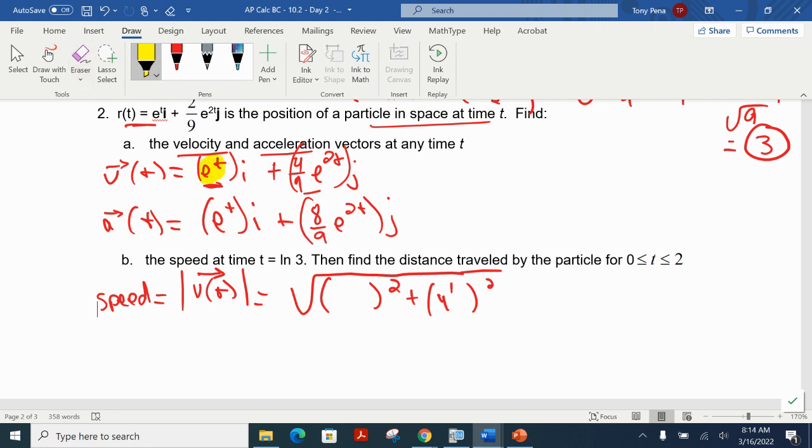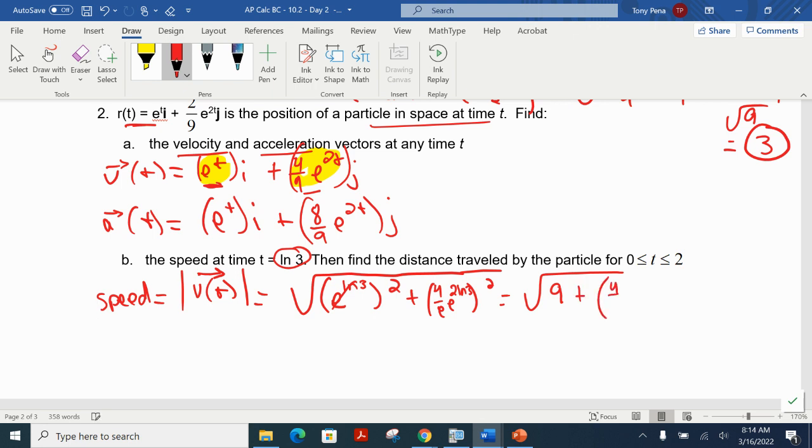So this is x prime, so I'm going to go ahead and do the e to the t, except our t is going to be this natural log of 3. When we go to do our y prime, here is our y prime, so that 4/9 e to the 2 ln of 3. I don't remember if this works out nicely or not. I don't have the key with me. Looks promising though, so that's going to give us a 9 as we simplify that.